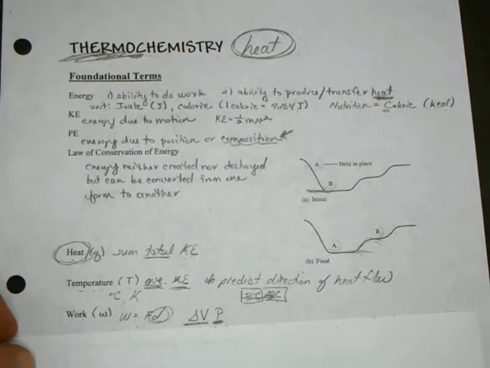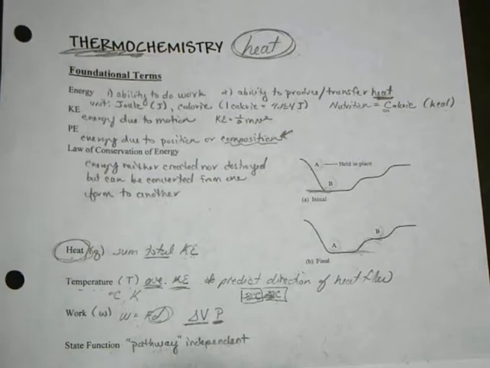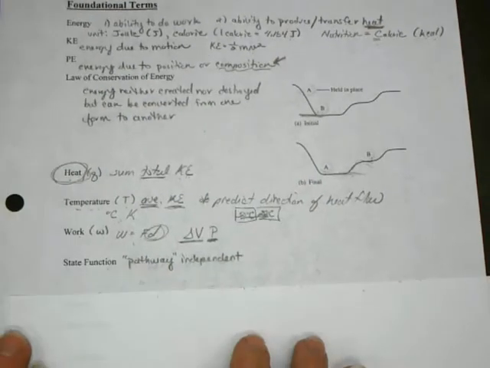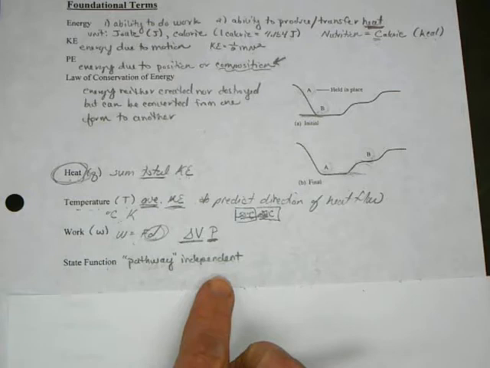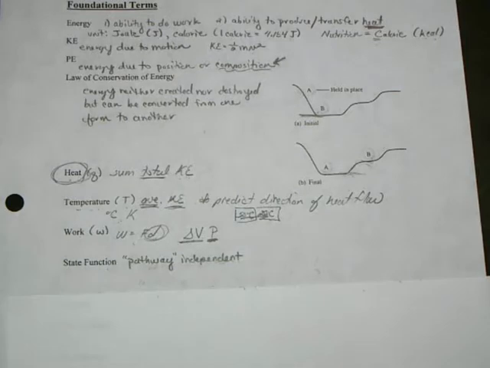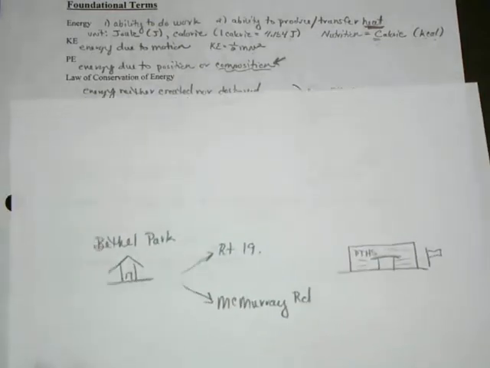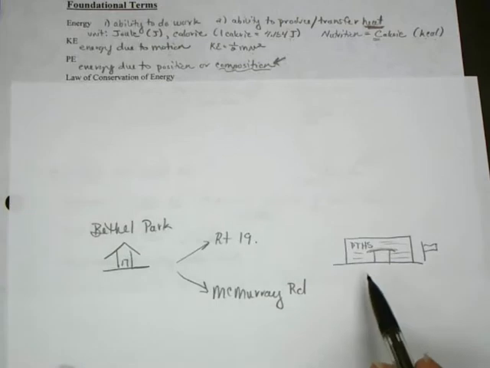All right, next. State function. A state function is a thermodynamic quantity, or a quantity that is pathway independent. Now, what does this mean? I live in Bethel Park, and each and every day I get myself to the high school.